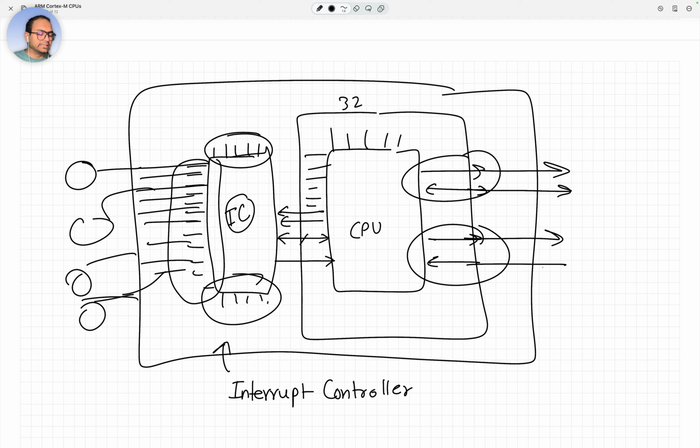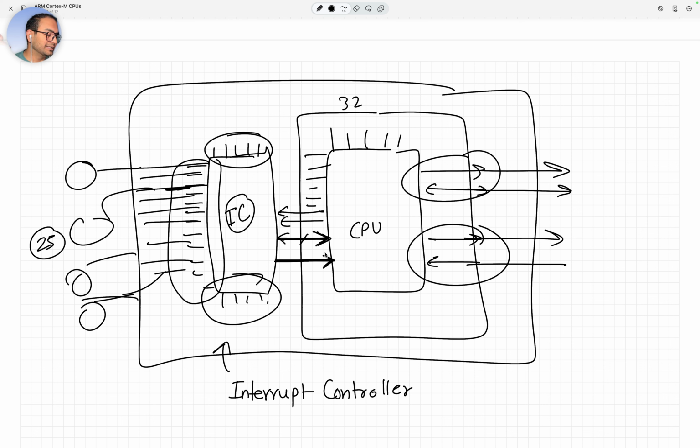So the interrupt controller is what handles the incoming interrupts, and then it passes to the CPU a signal that, hey, an interrupt happened, looks like the 25th line here is active, and that number 25 gets passed on a bus.